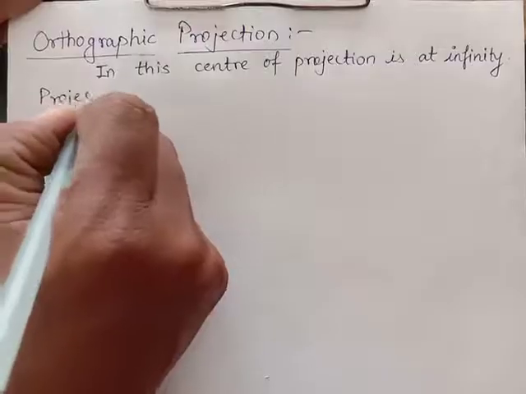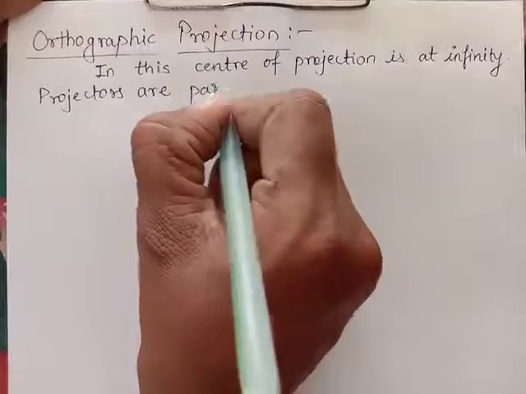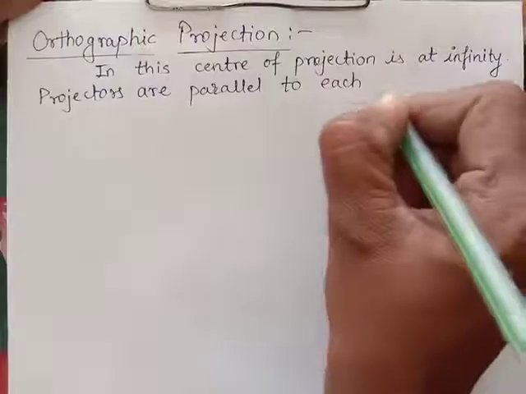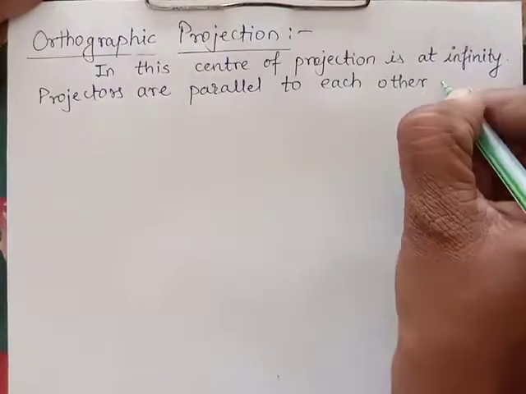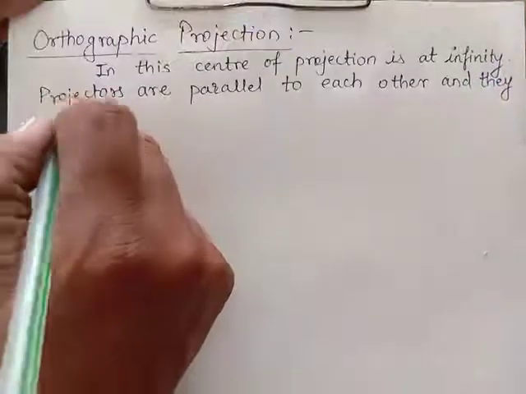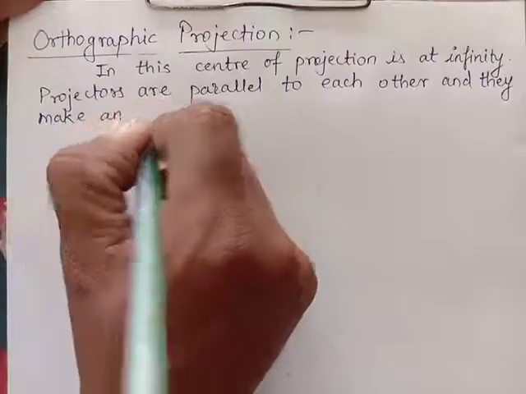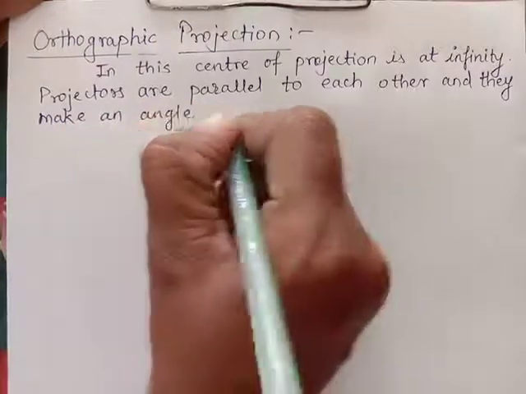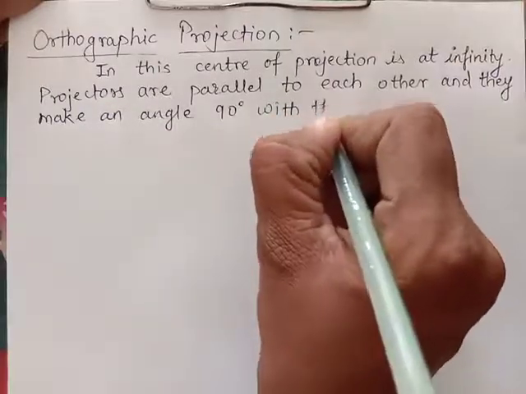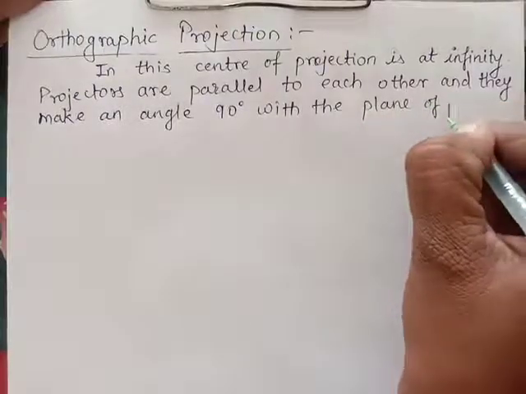Projectors are parallel to each other and they make an angle of 90 degrees with the plane of projection.